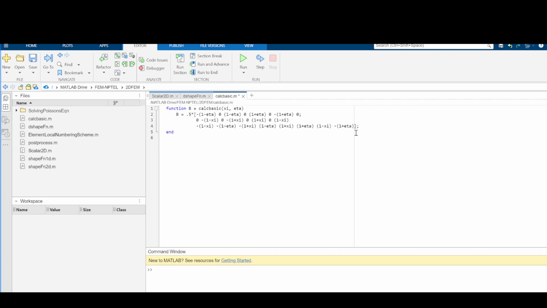So we have last row minus 1 minus xi, minus 1 minus eta, minus 1 plus xi, 1 minus eta, 1 plus xi, 1 plus eta, 1 minus xi, minus 1 plus eta. So this will be the output for B.